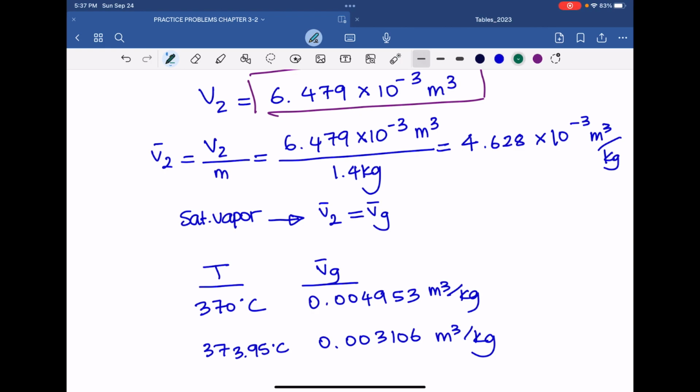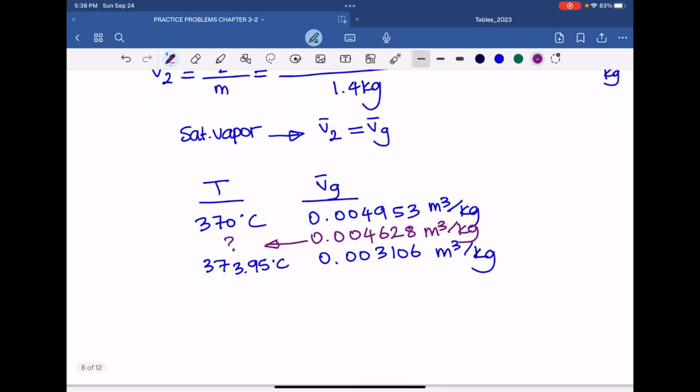Now what we are looking at is our specific volume is this, and what is the corresponding temperature. If you do linear interpolation here, you should figure out your temperature should be 371 degrees Celsius.